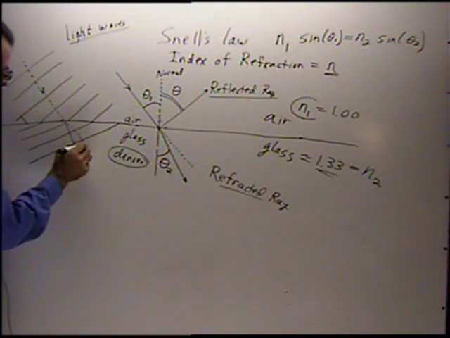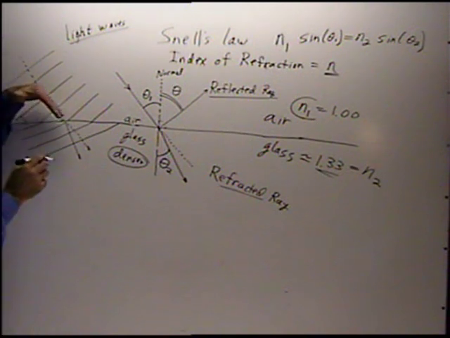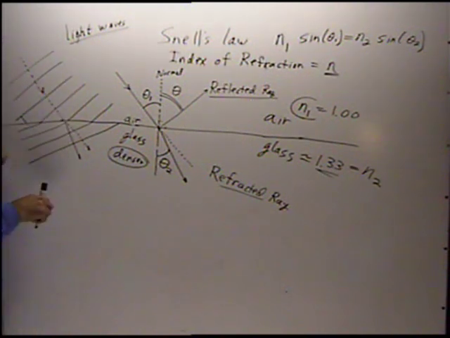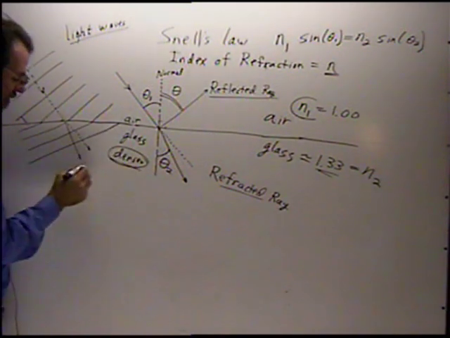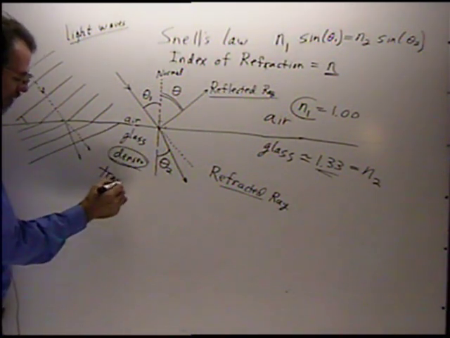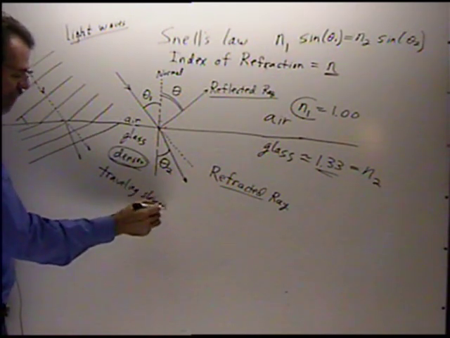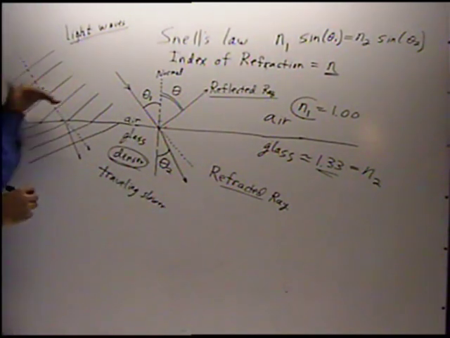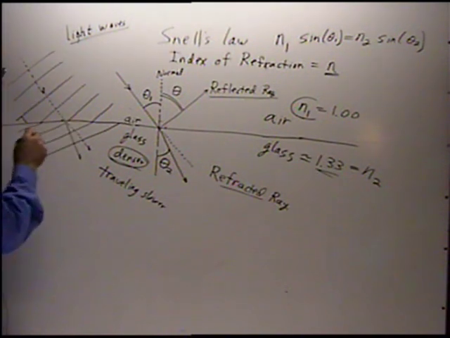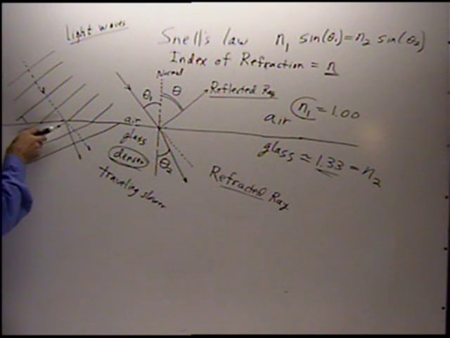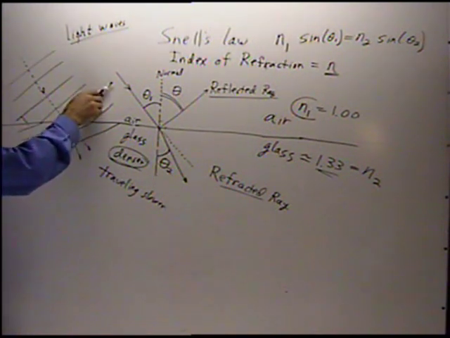You would think it would go this way in glass, but it naturally wants to bend inward into the material because the light wave is traveling slower. There has to be a natural bend in order for there to be a continuum of the wave from the dense material into the not so dense material.